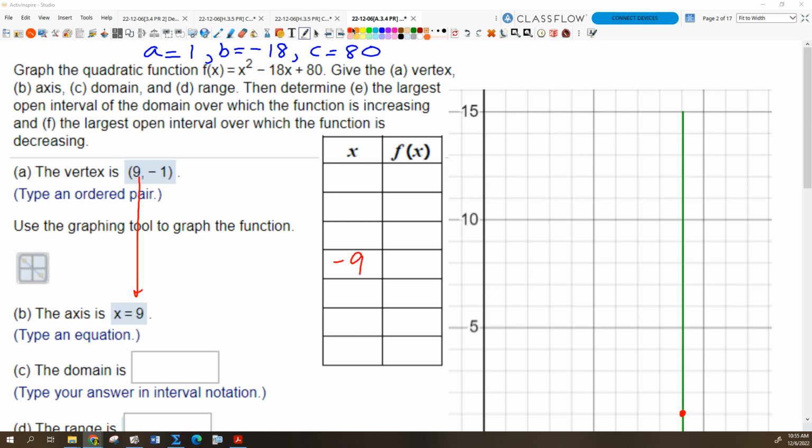I'll show you. Negative 9, 1 is our vertex ordered pair. You know, it's supposed to be positive 9, not negative 9, right? Let's erase that.